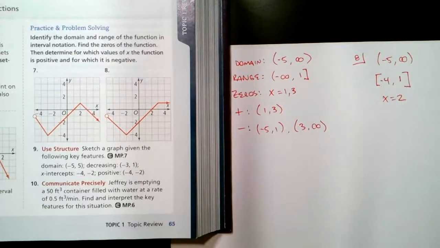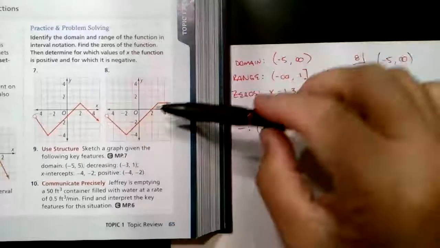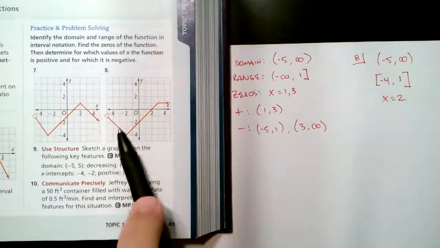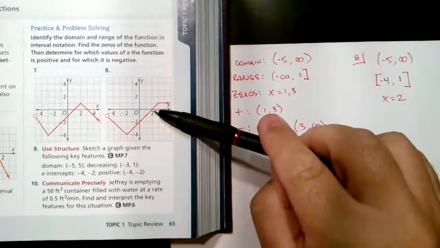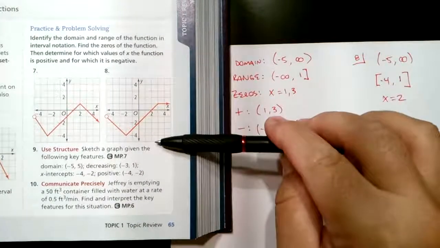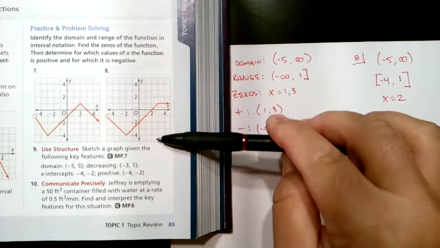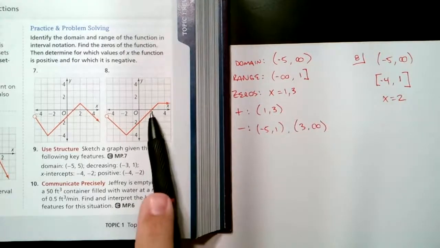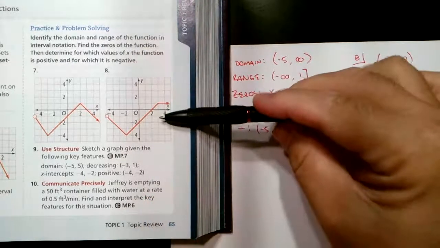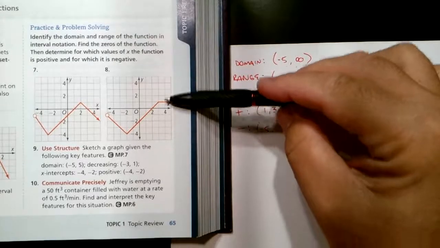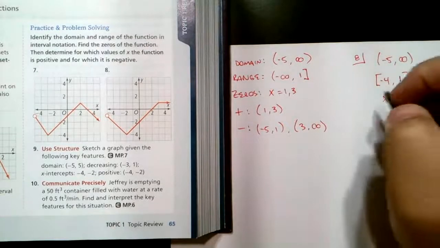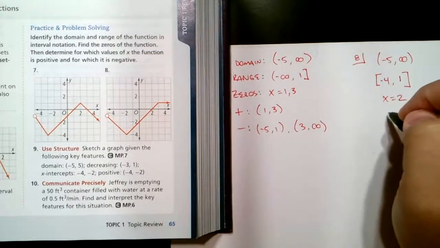So domain, range, my zeros, looks like there's only one at x equals 2. My negative part of this function looks like from the beginning all the way up until x equals 2, it's all negative. The y values are all below the x-axis. But once I pass x equals 2, then it's positive.